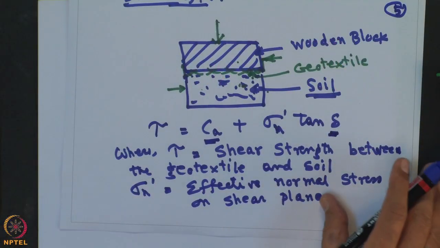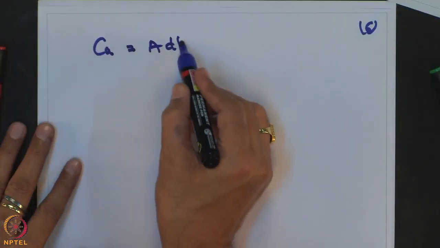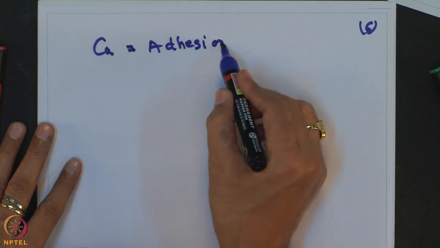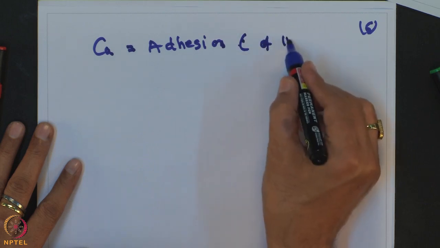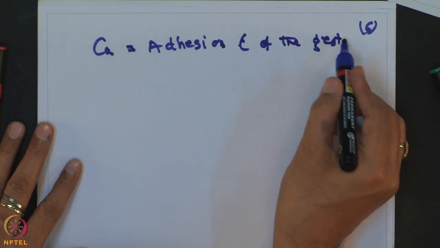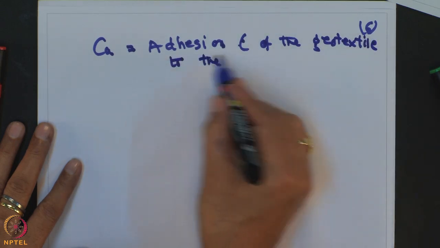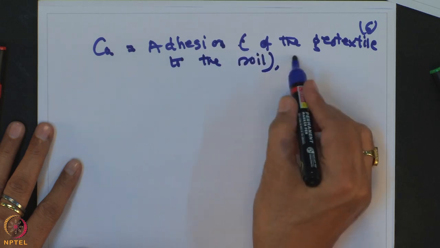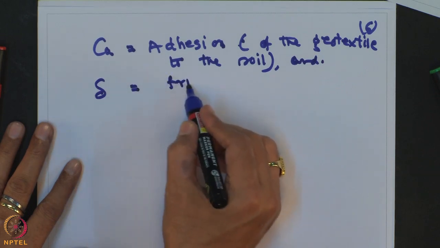Now, this Ca and this delta: Ca is the adhesion, Ca is equal to the adhesion of the geotextile to the soil, and delta is the friction angle.